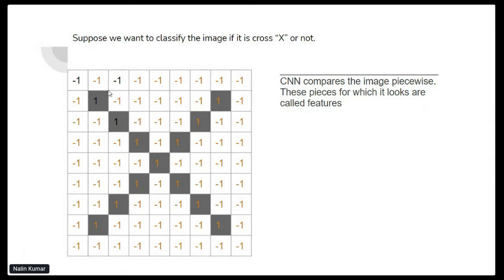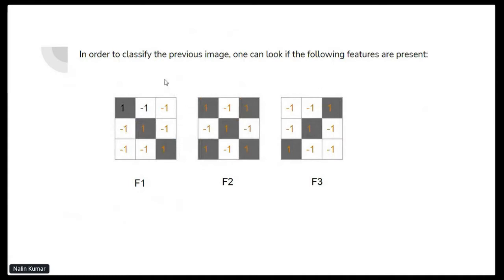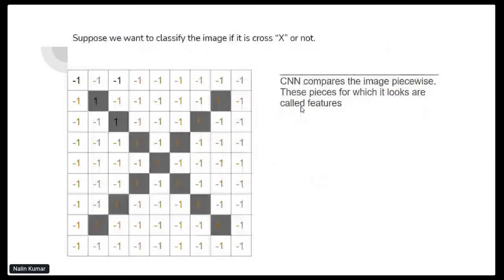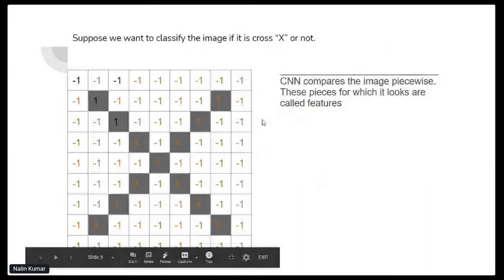We would see whether this feature, this diagonal mark, is present or not. Let's move on to the next slide. Using these three matrices or features, we can tell whether the whole image contains the X mark or not.